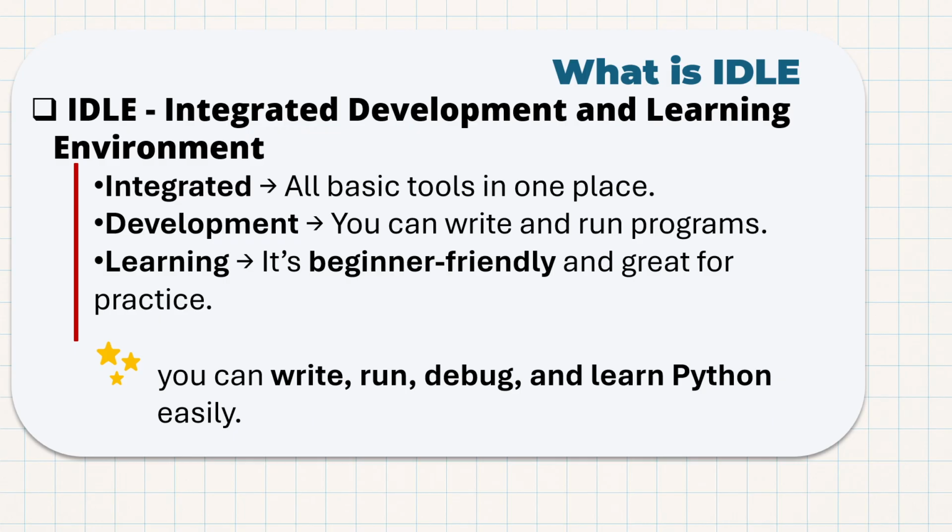All these tools are available in one place. So IDLE provides all these tools. That is why it is integrated development. And since it has a very easy and simple interface, the learning process becomes very easy. That means you can easily learn the Python logic and the syntax.